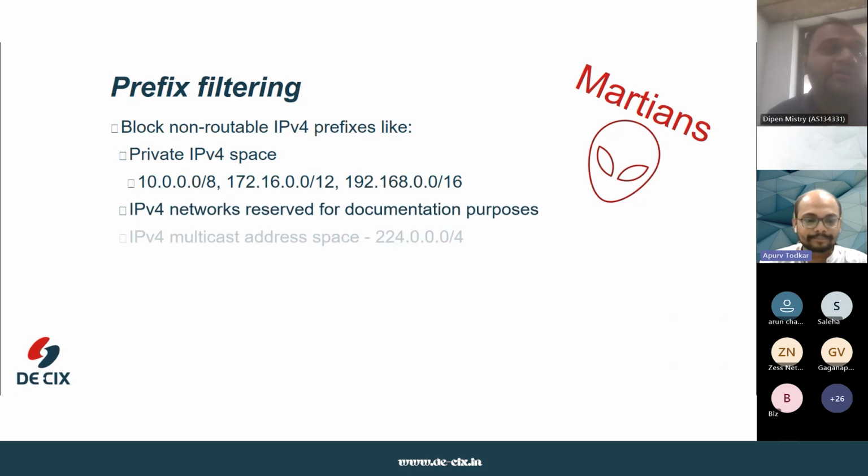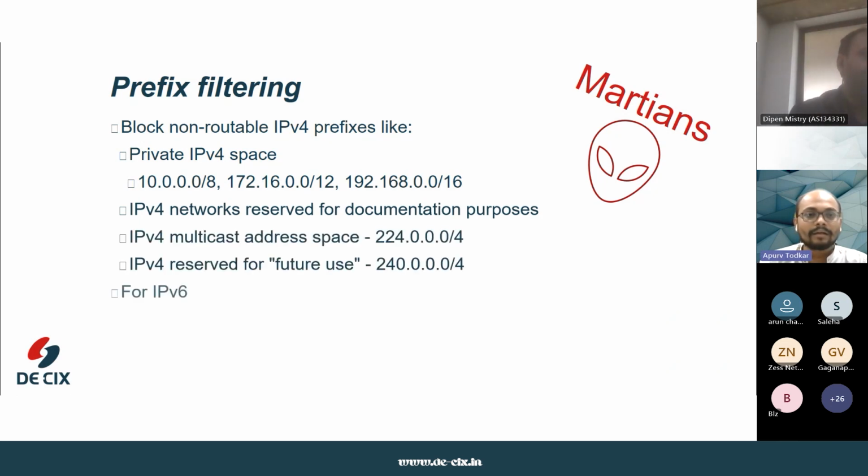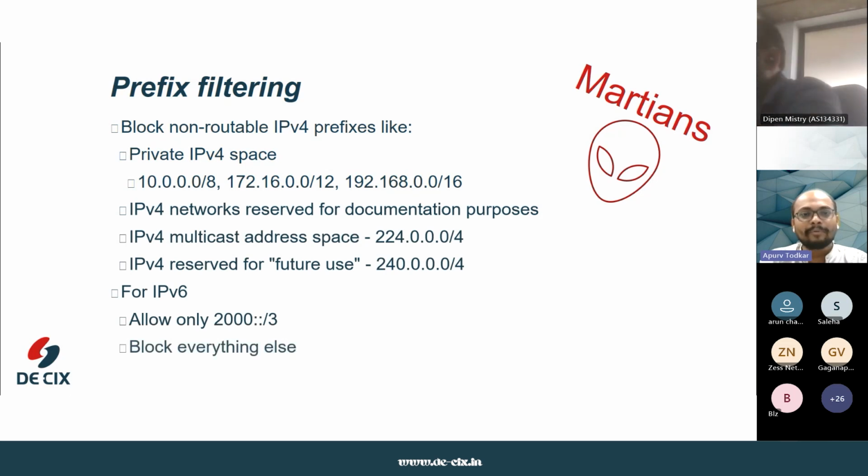For instance, as you can see here, there are some non-routable IPv4 prefixes that include the private IP address space, like the 10.0.0.0/8 network. Then you have the 192.168.0.0/16 networks that are not meant for public routing. Also, you have some reserved IP address blocks like the 224.0.0.0/4 subnet, which is used for the multicast address space.